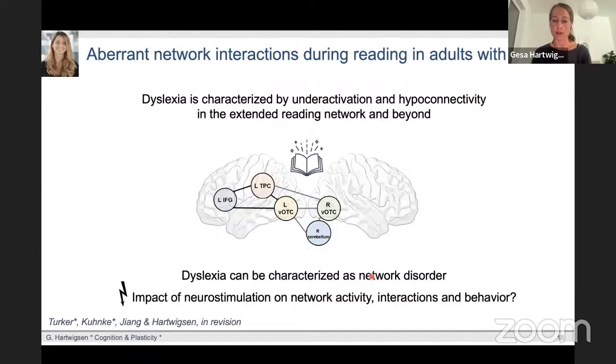And also here, it's not just the language network itself, but also its interactions with domain general networks that become relevant. And I should say that I'm very intrigued by the idea of stimulating with facilitatory non-invasive brain stimulation, probably not only language areas, but if the right cerebellum plays such a key role, then maybe this should be the target for potential intervention studies.